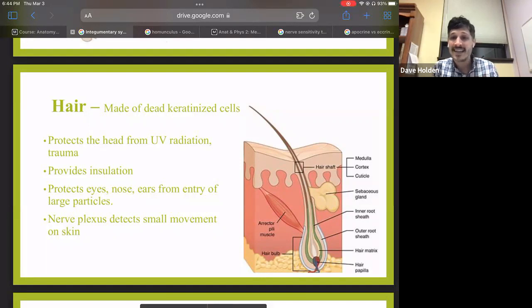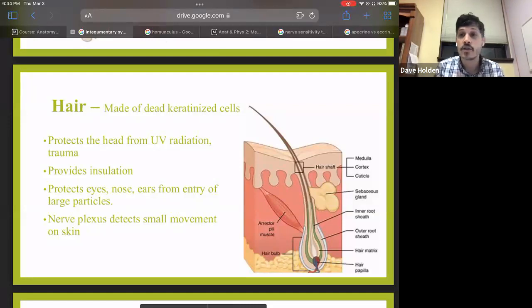And they're also connected to nerves, and this nerve plexus that's connected to all of the hairs detects very small movement of the skin. This is how you're able to feel a breeze in the arm hair, or I don't want to go, that's a bit of a stretch. I won't go quite that far.